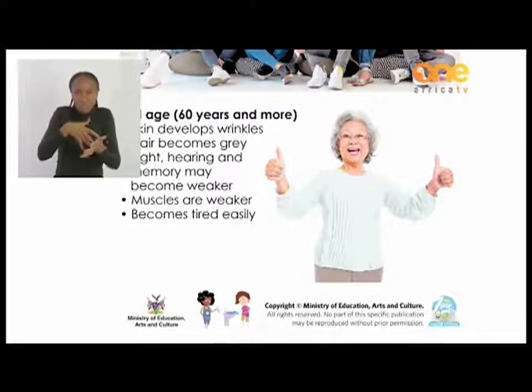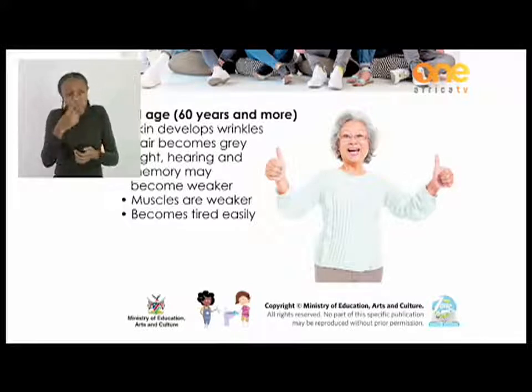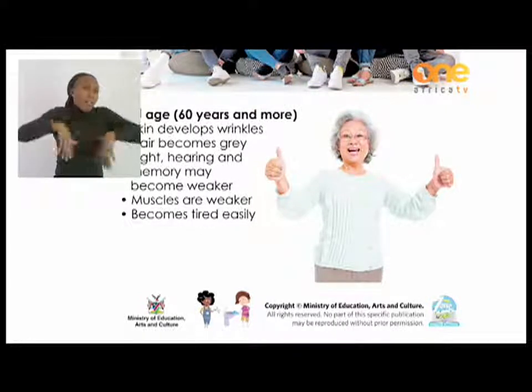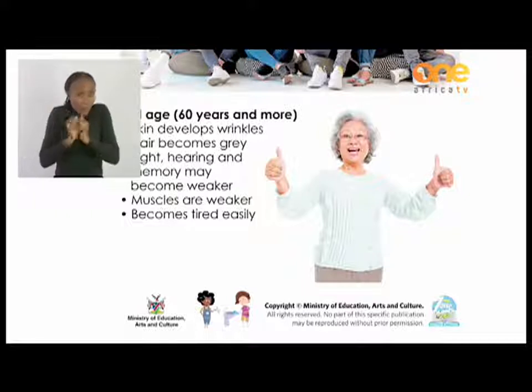Even if you feel them, you can feel that their muscles are actually a bit weaker compared to teenagers, adults, and the rest of the people. And they become tired so easily. When you walk a distance with your grandmother or grandfather, you realize that sometimes they pause the walk and tell you, let's rest a little bit because I'm tired. Those are the characteristics of old age, which is 60 and above.